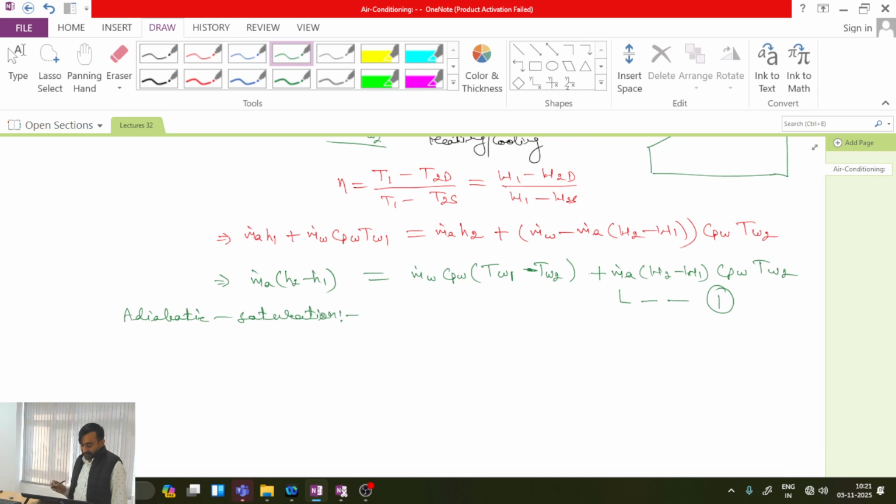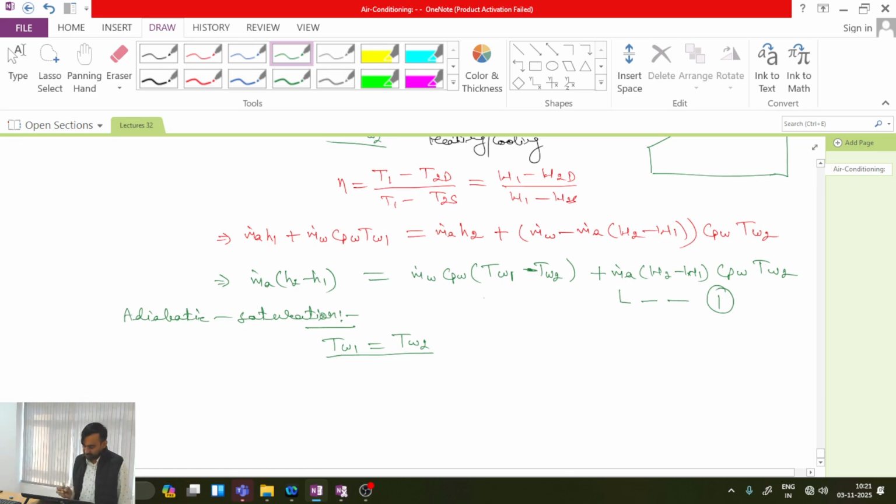Now, if I assume the process of adiabatic saturation, what does it mean? It means that I am not doing any heating or cooling of the water. If I am not doing any heating or cooling of the water, then the water temperature before the pump and after the pump must be the same. So TW1 must be equal to TW2. For adiabatic saturation, this point must be satisfied.